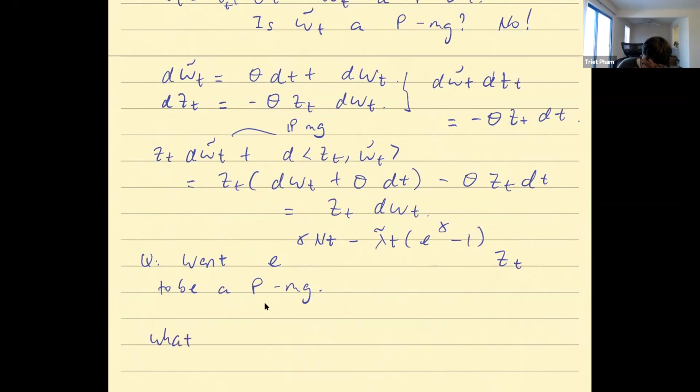What Z T can we choose? Is that clear? This is what we want now. What Z T can we choose? Is this clear?